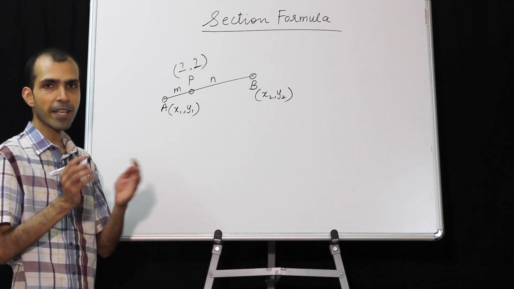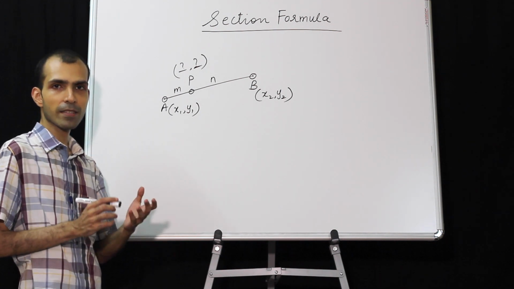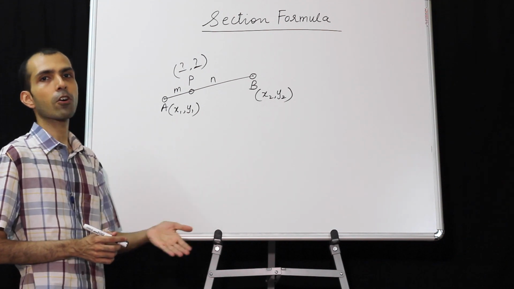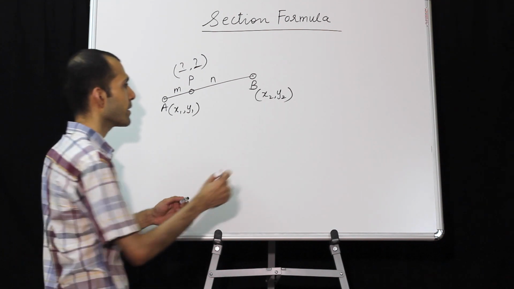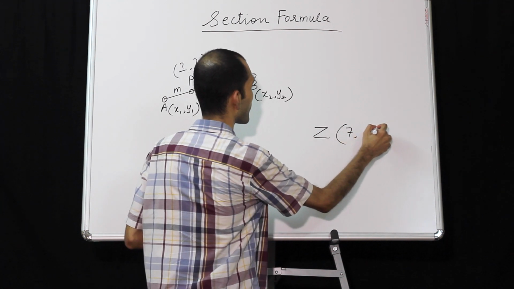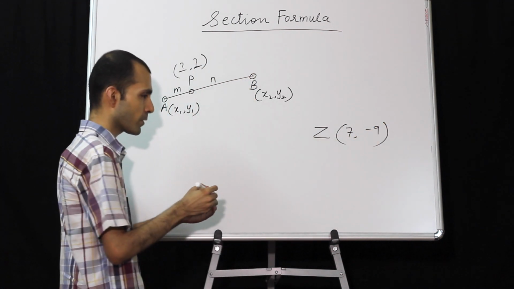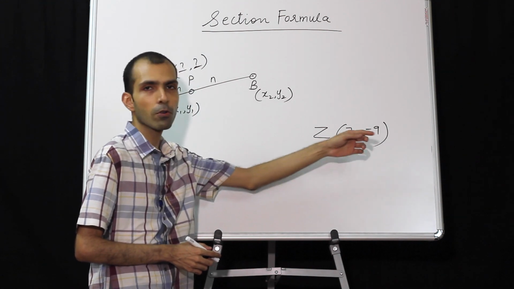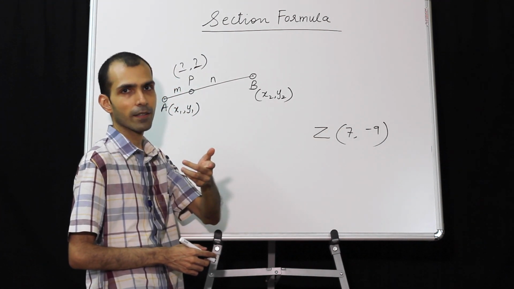The way we have name and surname which defines us completely, similarly any point has x coordinate and y coordinate. So there is a point Z, 7, -9. So 7 is known as x coordinate and -9 would be known as y coordinate.